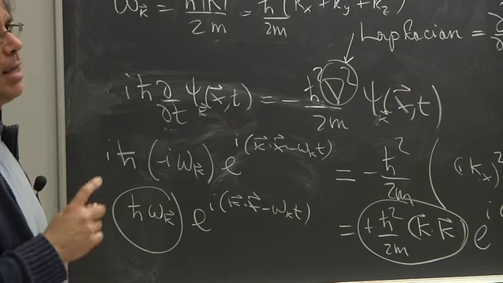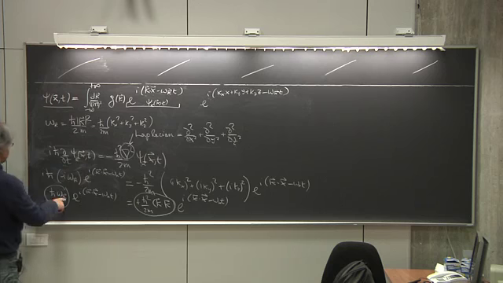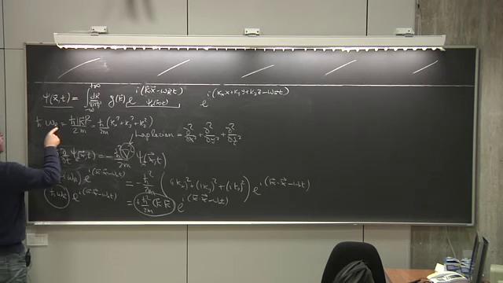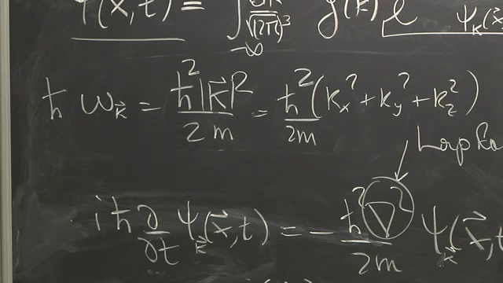Okay? Omega k being quadratic in k. You see? It's exactly the same thing. If you put here an h bar, this becomes h bar squared. Okay? And it is the same object. Clear to everybody? Okay.